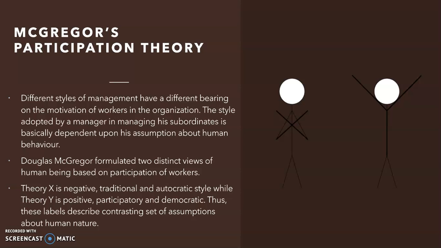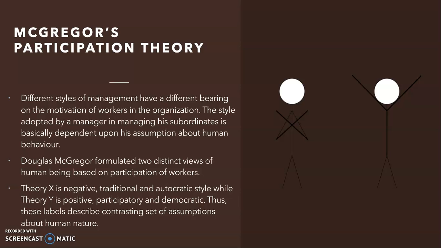Theory X is negative, traditional and autocratic in style, while theory Y is positive, participatory and democratic. Thus, these labels describe contrasting sets of assumptions about human nature.